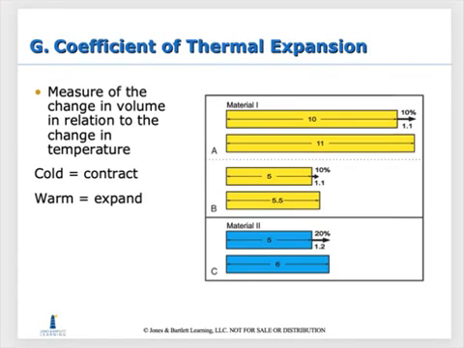And then we're going to look at the coefficient of thermal expansion. So this is a change in volume or length that's shown in a percentage or a fraction in relation to temperature change, okay? So when things are cold, they tend to condense, contract. When things are warm, they expand. So this example is in your text.